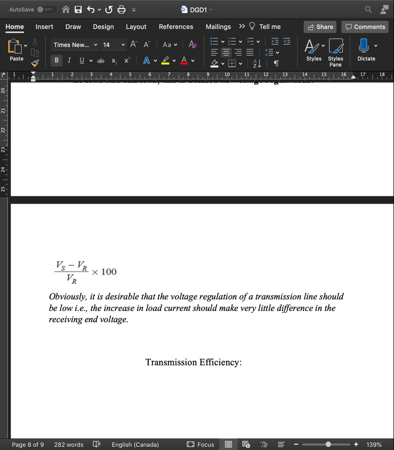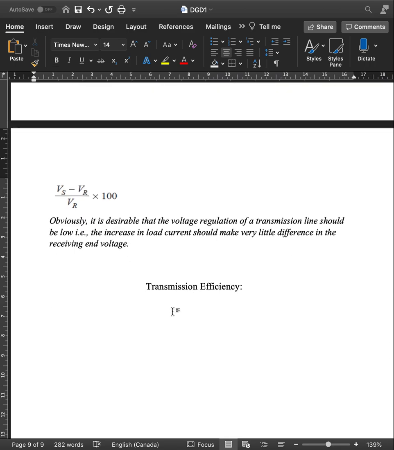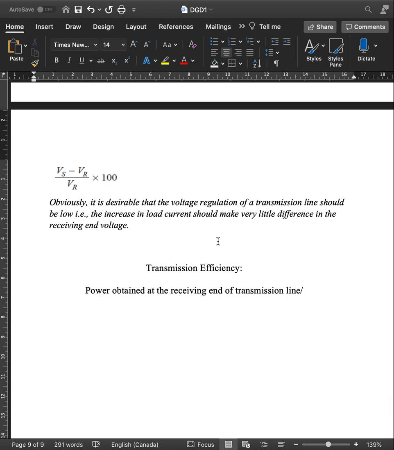Alright, for transmission efficiency, it could be defined as the power obtained at the receiving end of the transmission line, power received divided by sending power.